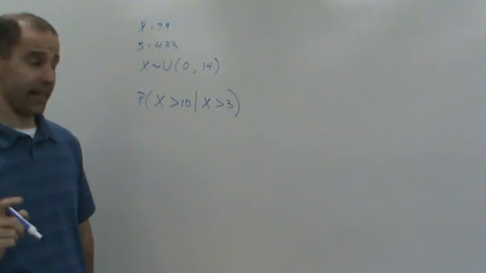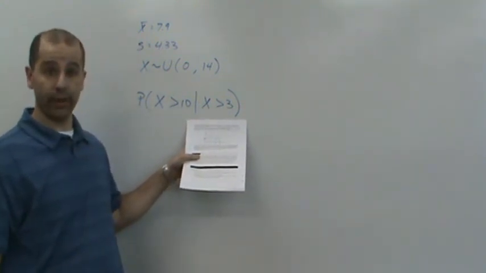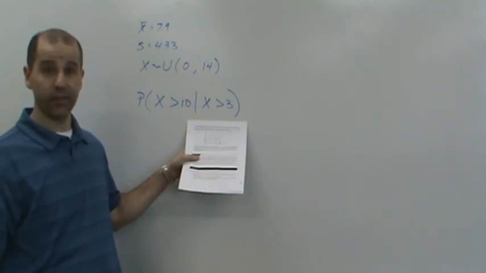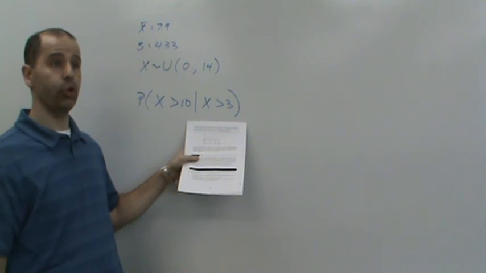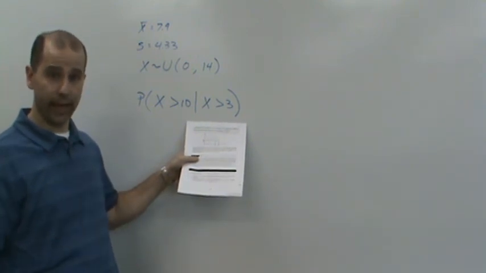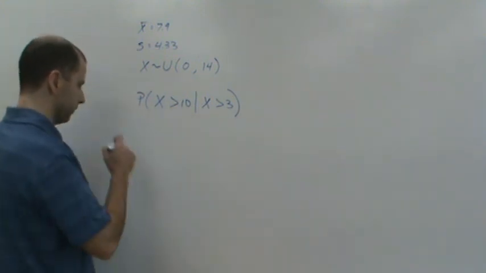So now, in this case, what do we know? We know that there's already more than 3 passengers on the ship, or on the charter. So do we care about anything before that? No. We already know that there's more than 3 passengers. So what does that mean?